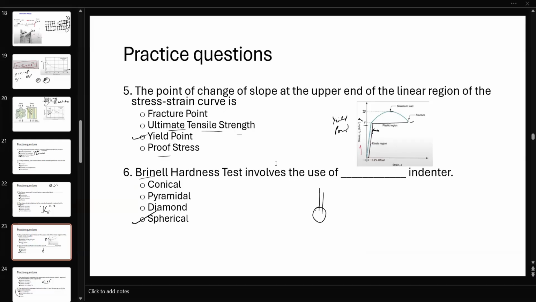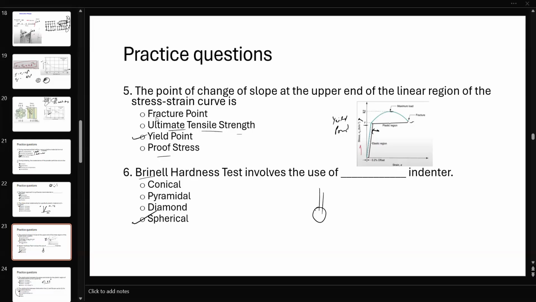The point of change of slope at the upper end of the linear region of the stress strain curve, at the end of your linear region where the plastic region starts, is your yield point. Ultimate tensile strength is your maximum load.